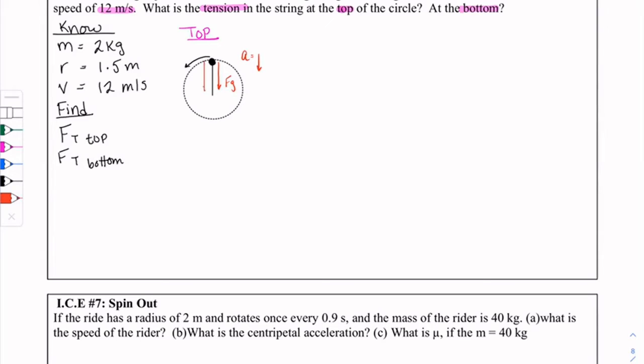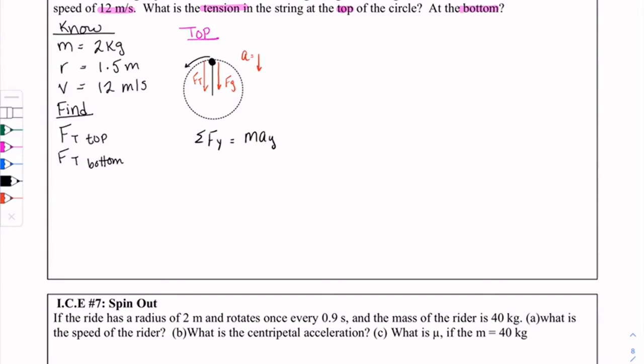So you'll notice that my acceleration, my FG, and my tension are all going in the same direction. Okay? So I'm going to set up my net Fy. Net Fy will equal m a y.